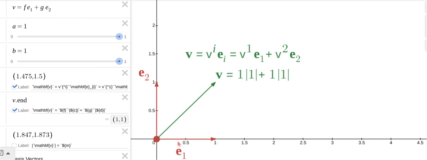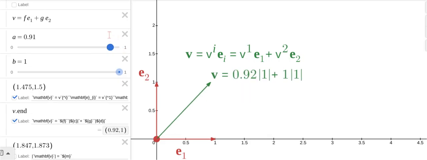It's the square root of E1 dot E1, right? So you say, well, there's a cosine in that definition. Well, for E1 dot E1, the angle is 0. What's cosine of 0? It's 1. All right? So now I can change the components of this vector, and if I do, I change the vector.